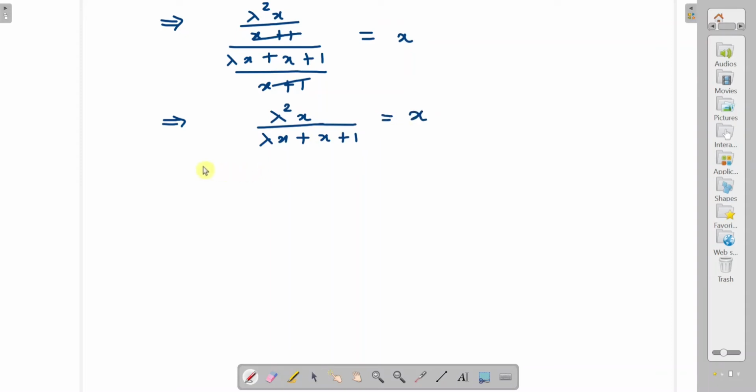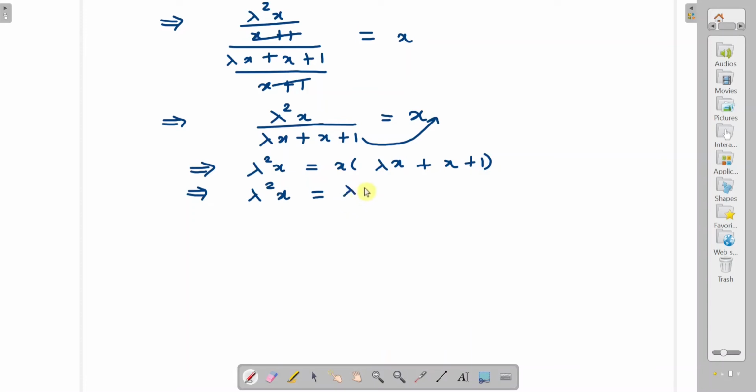So if we simplify it more, we can take this on the right hand side. So λ²x is equal to x times (λx plus x plus 1). So we will get λ²x equal to, this x can be multiplied to this bracket.